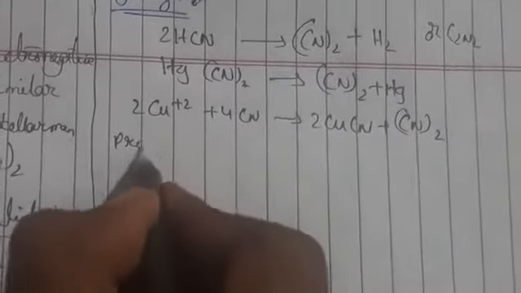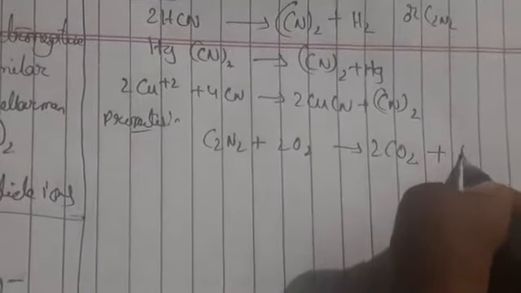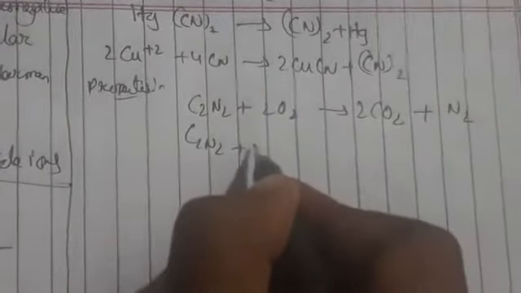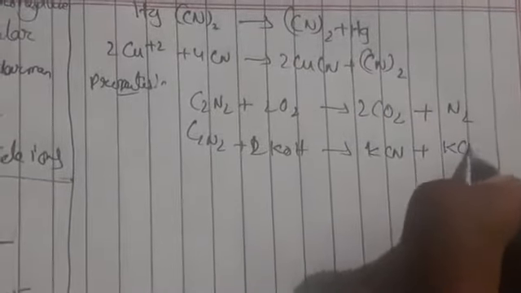What about properties? C2N2 in the presence of oxygen gives carbon dioxide gas plus N2. Also C2N2 plus 2KOH gives KCN plus KCNO plus H2O. What structure does it have?